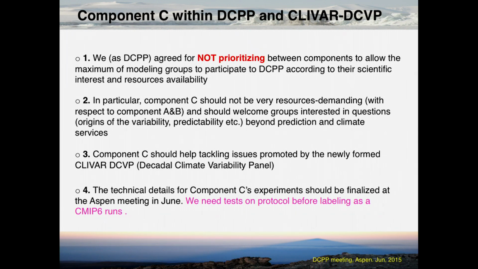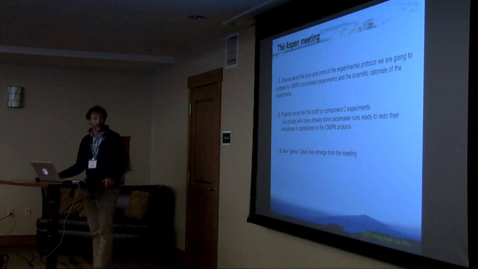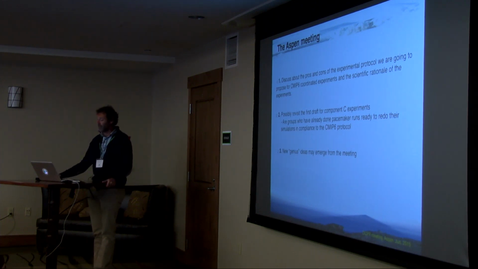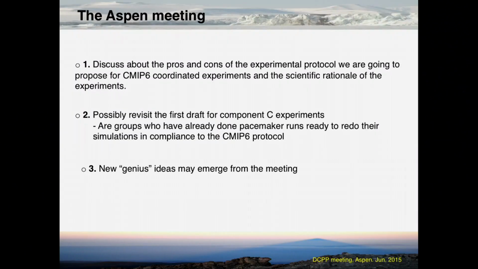And this is the last sentence I had in my SPECS meeting in February: we need to test the protocol before labeling it as a CMIP6 run, and as George said, we are here to finalize the component. So what we hope to have in this meeting is a lot of discussion about the pros and cons of the experimental protocol, what we are going to propose for CMIP6, and what is the scientific rationale of the experiments.